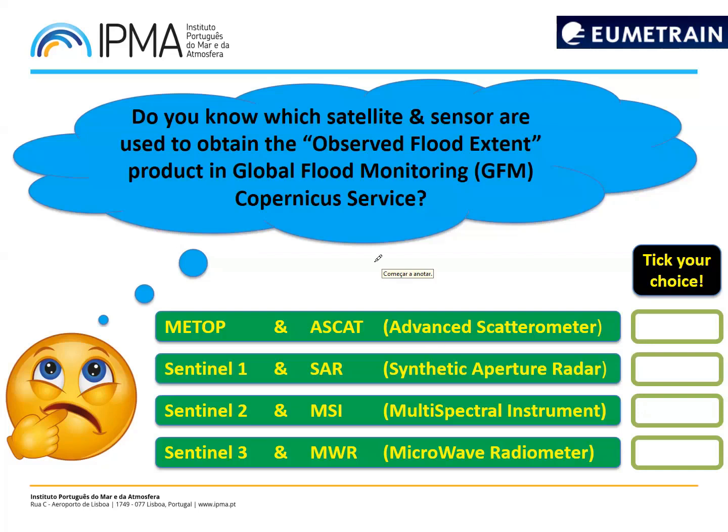I think you can do it already. So you had some time to think. So you can try to put, I see already 2 options. So please click with your mouse. There is one of the first separations that you can take, that's either a METOP or a Sentinel.